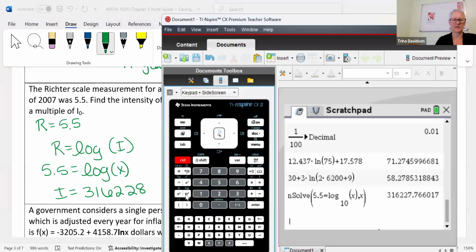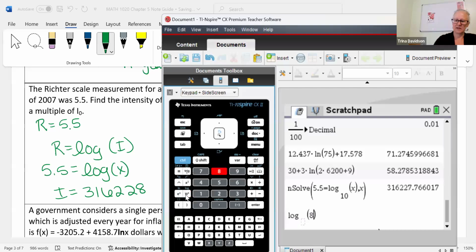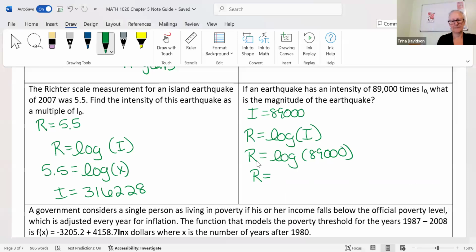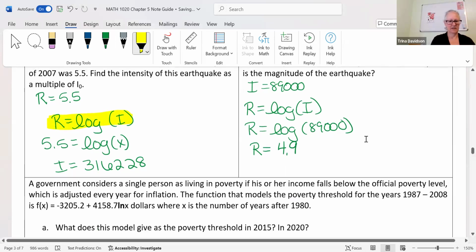We don't actually have to solve. You can put the 10 in for the base. So the Richter scale is going to be 4.9. This is just going to be one decimal place. Again, they have an overcomplicated formula. This is a more, I guess, basic formula.